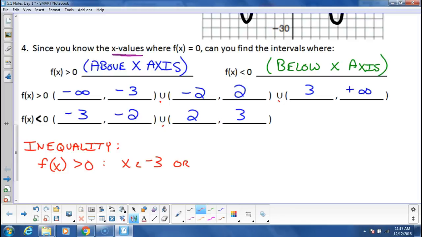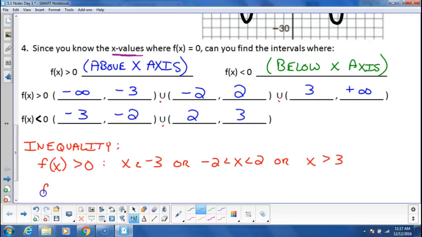It means or in interval notation, so I'm in an or case. Or negative 2 is less than x is less than positive 2, or x is greater than 3.